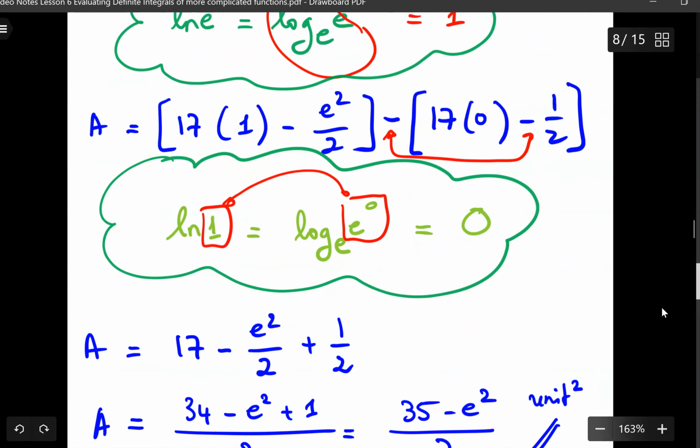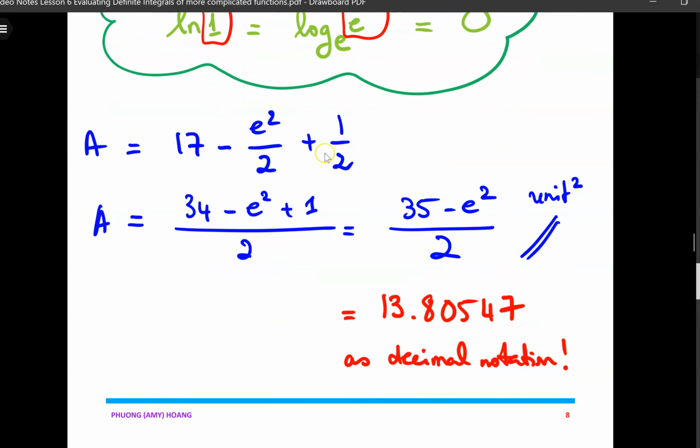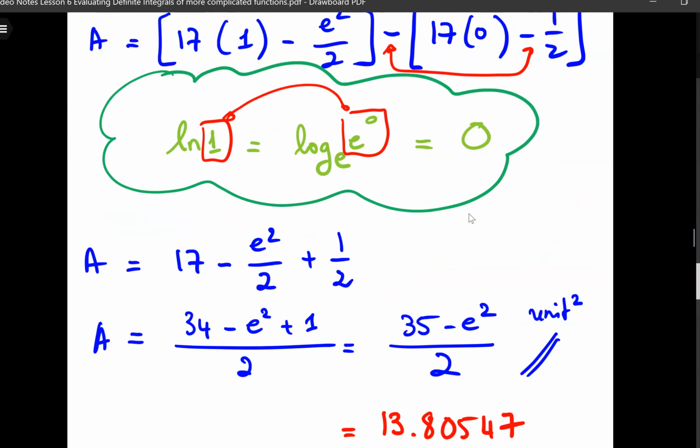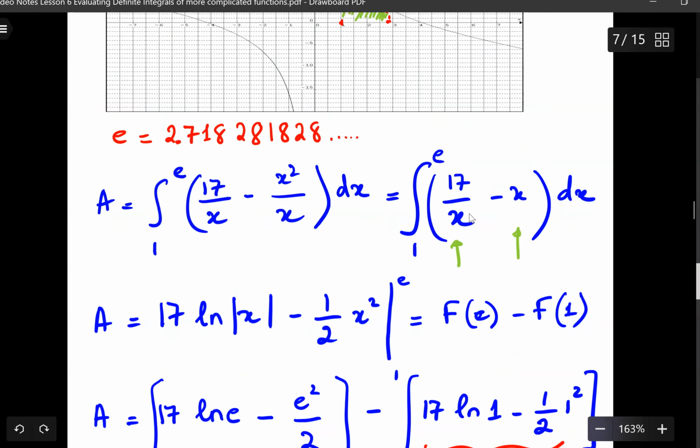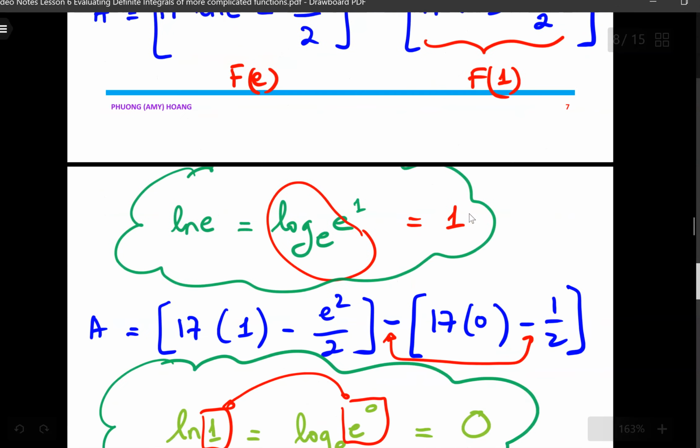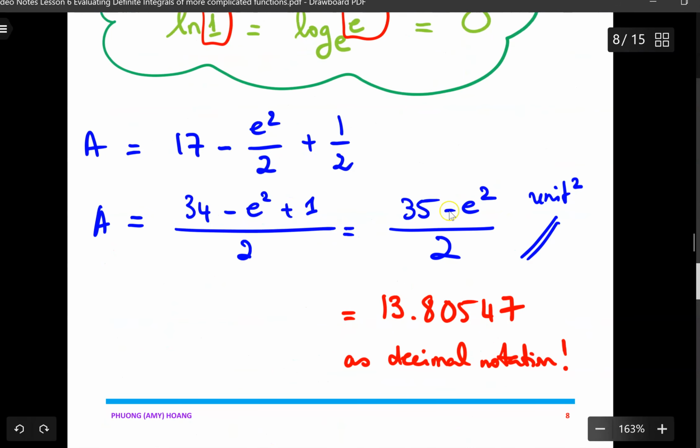And at the end, you can perform the order of operations and figure out this answer, 35 minus e squared over 2. Or if you want a decimal notation, you can just take 2.718, square that, then take that away from 35, divided by 2, and you should have this decimal notation number. Alright, thank you everyone.